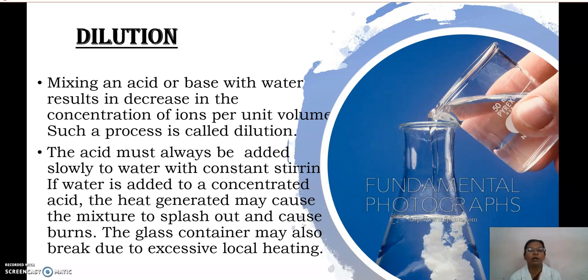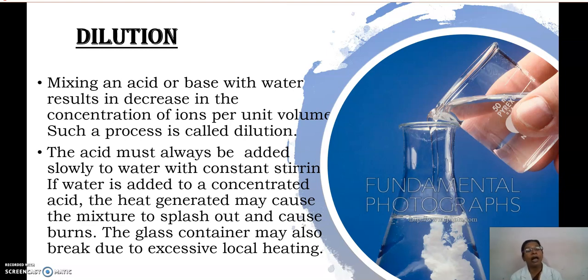Then there is a particular style for dilution that we have to follow. That means acid must always be added slowly to water with constant stirring. In the diagram, you can see that in a conical flask, water is taken and concentrated acid is added to the water dropwise with constant stirring.